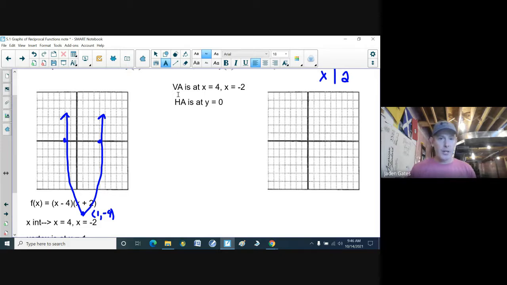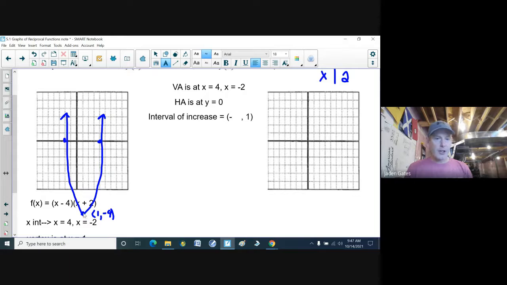Intervals of increase and decrease. All right, so this one, instead of going back and forth here, our original function is decreasing all the way to x equals 1. So that means that our reciprocal is going to be increasing. The interval of increase is from negative infinity to 1.